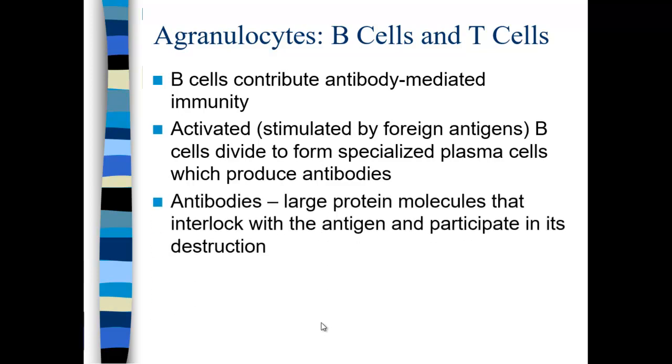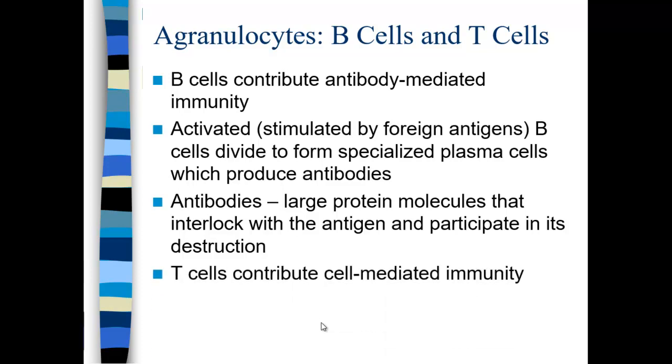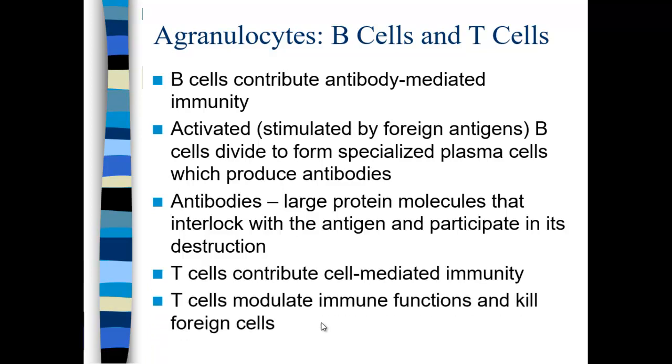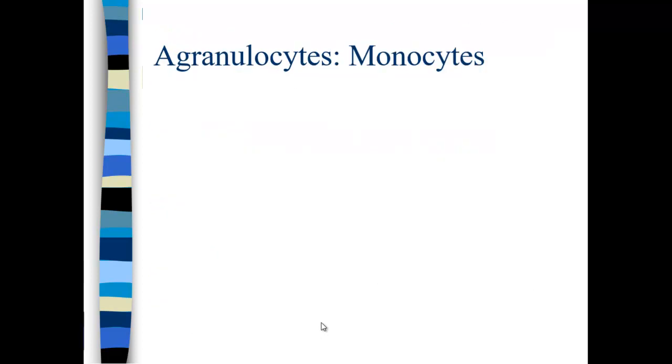Antibodies are just large protein molecules that will bind selectively to the antigen and participate in the destruction of the pathogen. T cells contribute to cell-mediated immunity, and they modulate immune functions, and they also kill foreign cells. So antibodies coming from B cells will tag the foreign cells, and then the T cells will participate in their destruction.